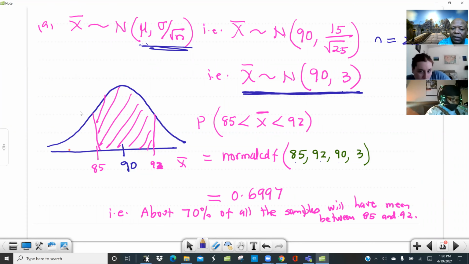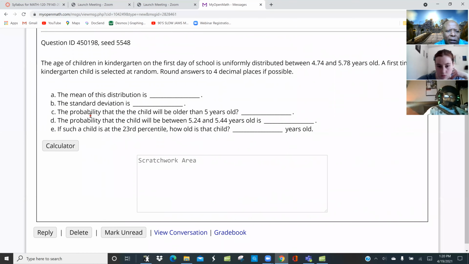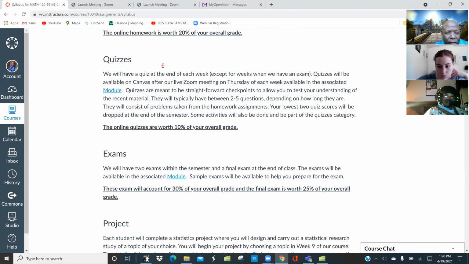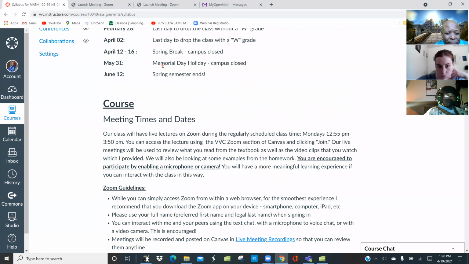So in fact, here's my picture. The mean is 90. I want to know the area located in the middle there from 85 to 92. And then what do I do? I go back and find my normal distribution, don't I? So let me bring up this normal distribution like we used it. I'm sure now you are very confident in using the normal distribution calculator.